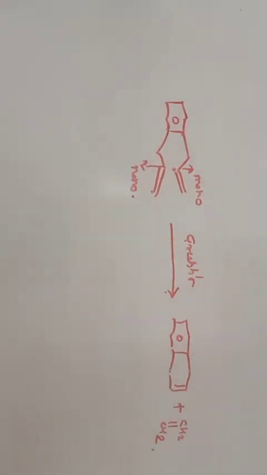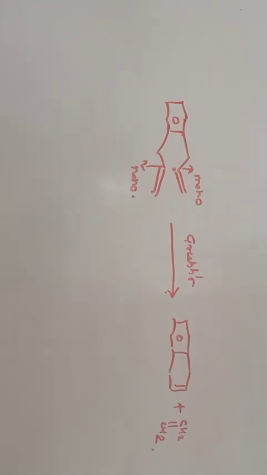So this is your Grubbs first generation catalyst. You should remember that it is used when the alkenes or olefins are monosubstituted or disubstituted.